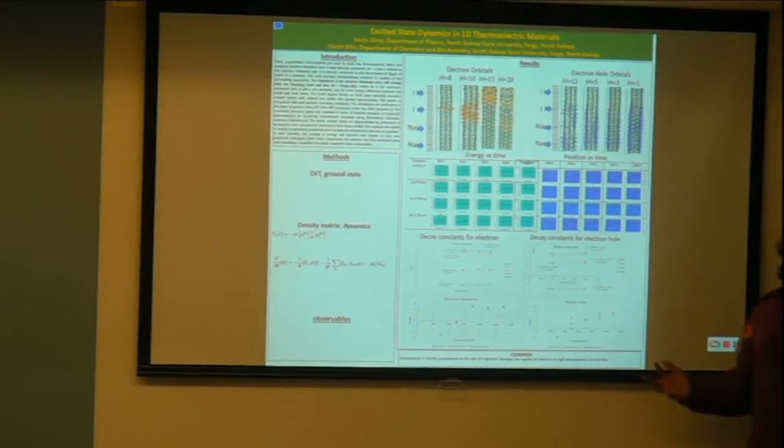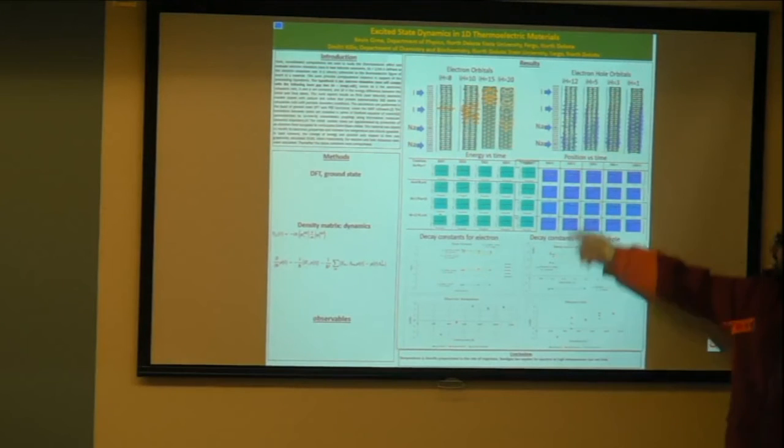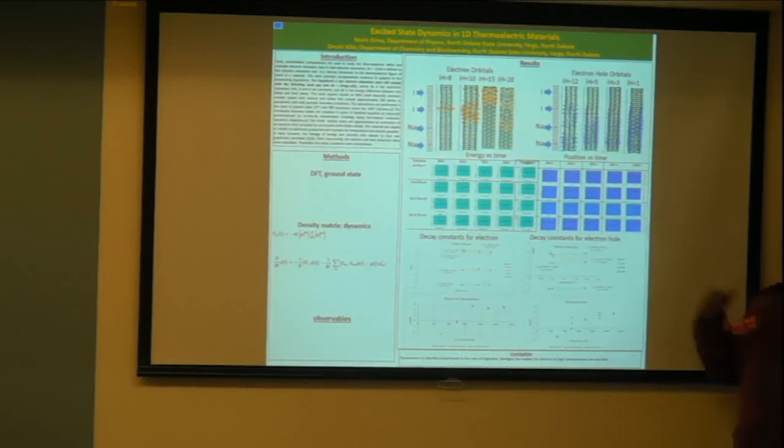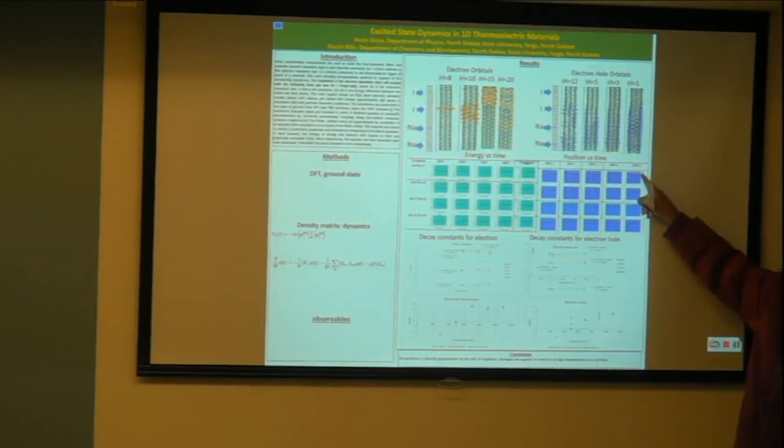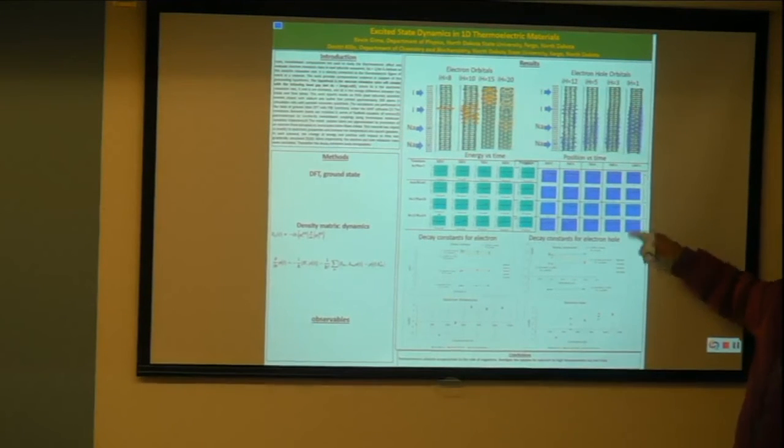And then I'm seeing how the expectation values for the position of the electron and the hole change with time. As you can see in all these graphs right here, all the movements are localized in the iodine doping area right here.